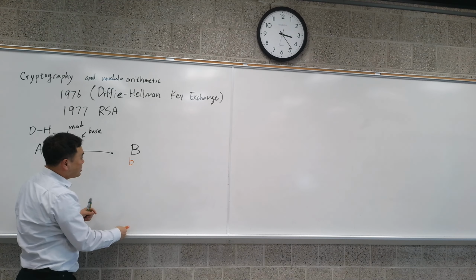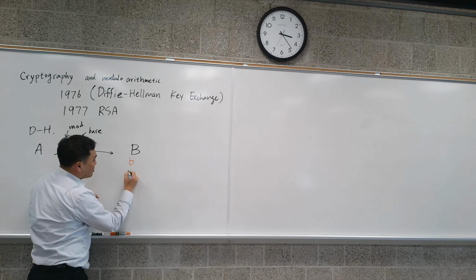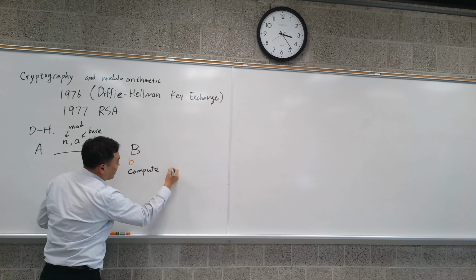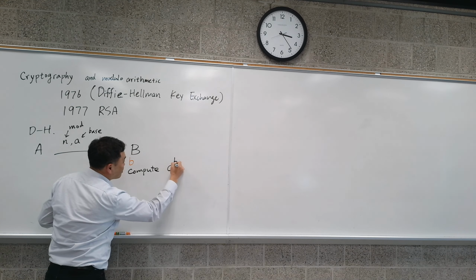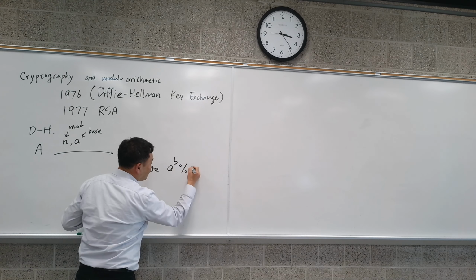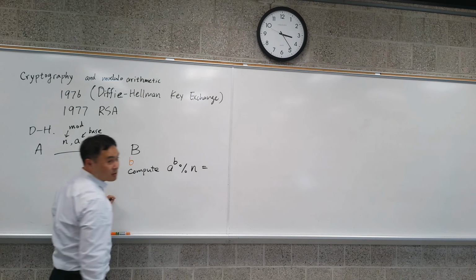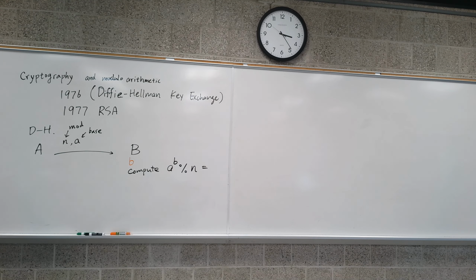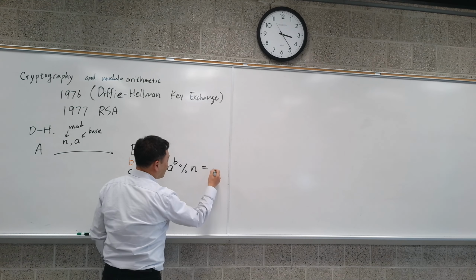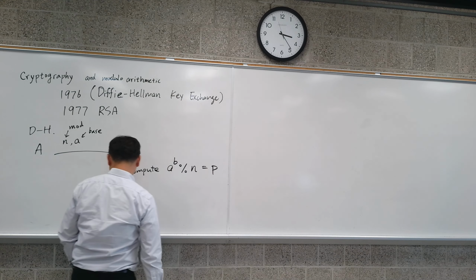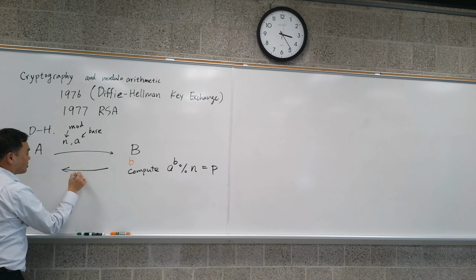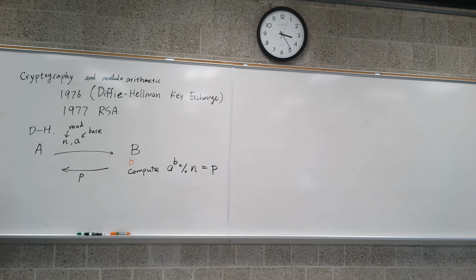And using this B, computes A to the Bth power, and mod it by N. You get some number, right? So let's call this P. And then that P gets sent.